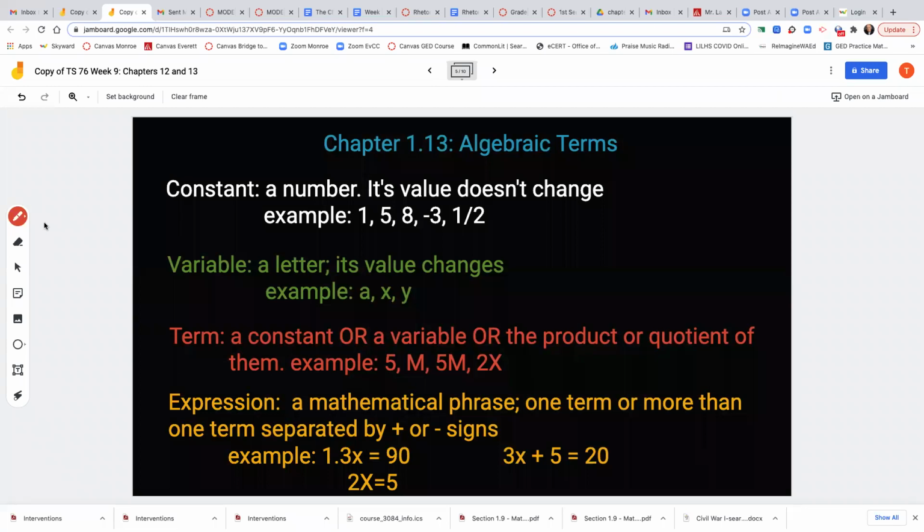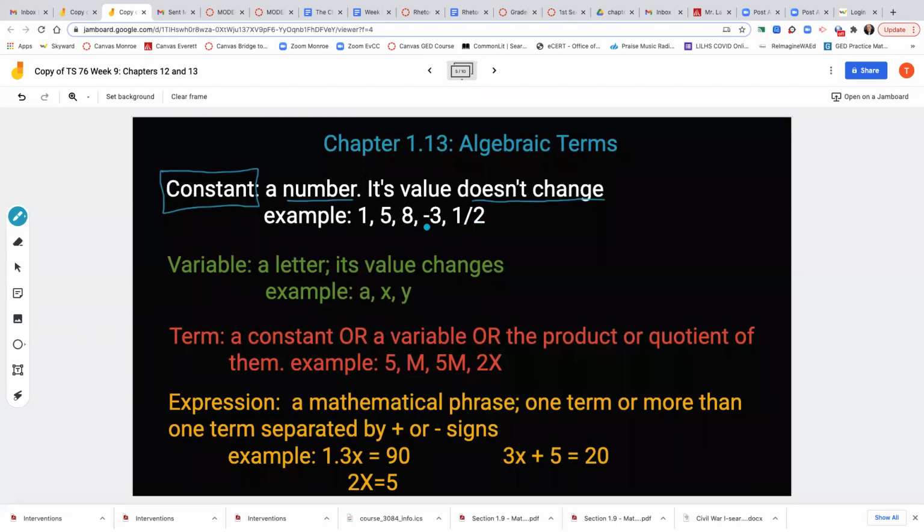The first term we have here on the screen is called a constant. In algebra, a constant is just a number. Numbers are called constants because they're the same, the value doesn't change. If you wanted to underline this in your notes.